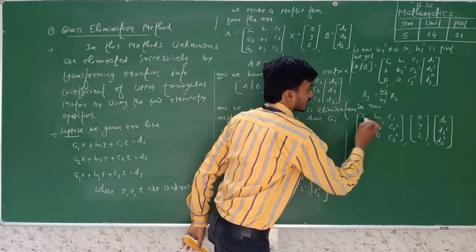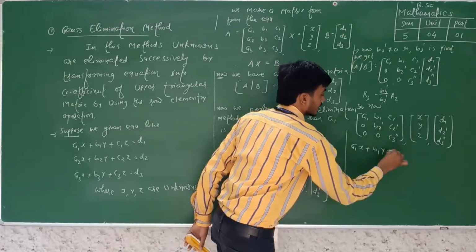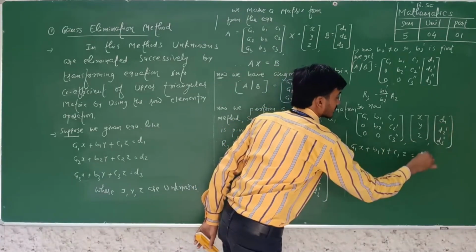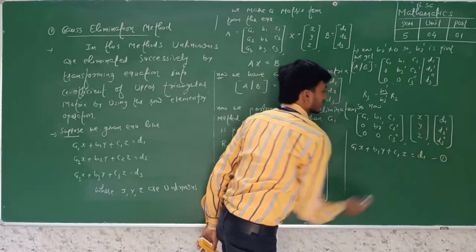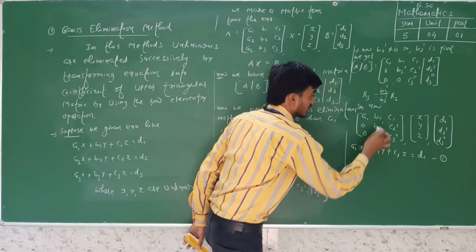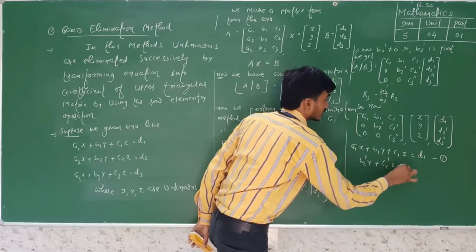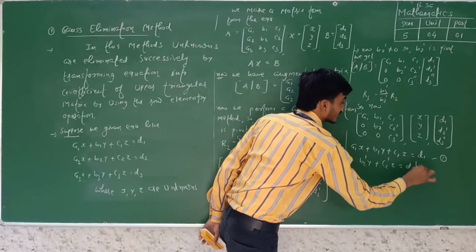So A1X plus B1Y plus C1Z is equal to D1. This is the first one. 0 into X, 0, B2 dash into Y plus C2 dash into Z is equal to D2 dash.